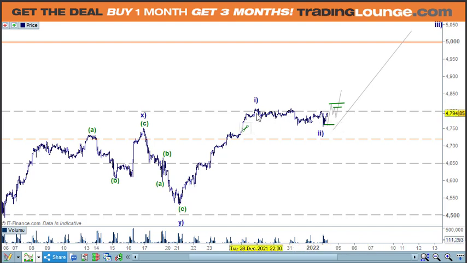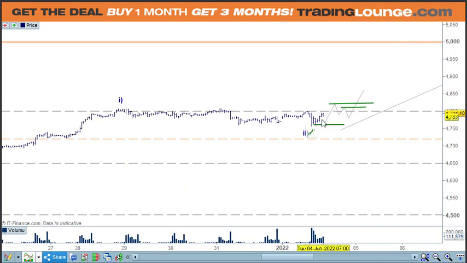This is the accumulation process. So we should have a nice push up there once we've got that small little retest in there. You could probably buy at the moment and keep the stop well out of the way, but buying the pullback would be a little bit better.